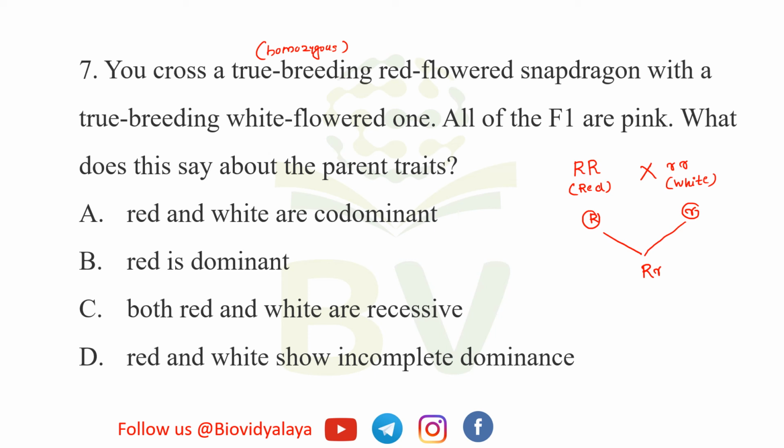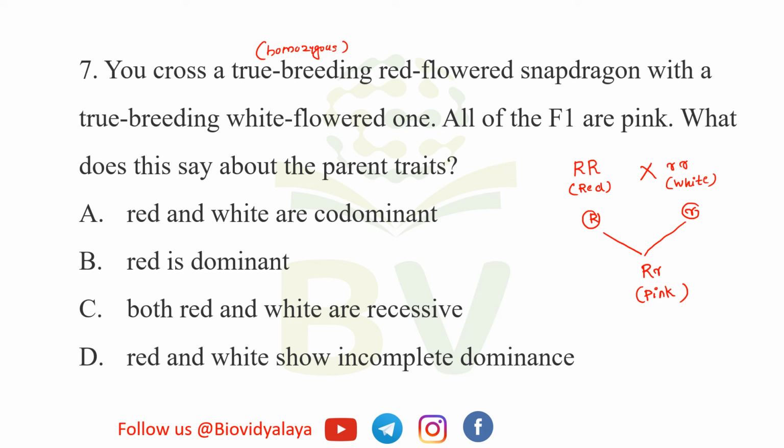So all of the F1 are pink. Pink means the intermediate color of red and white. Here we are getting an intermediate phenotype. So what does this say about the parent trait? Here what is happening? This dominant allele is not able to completely mask the expression of recessive allele.